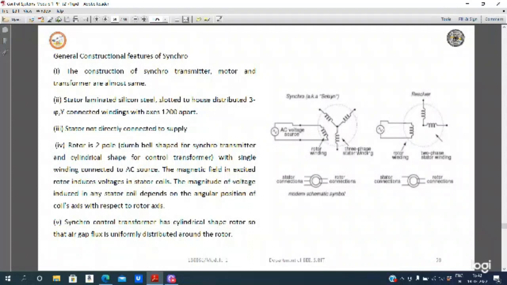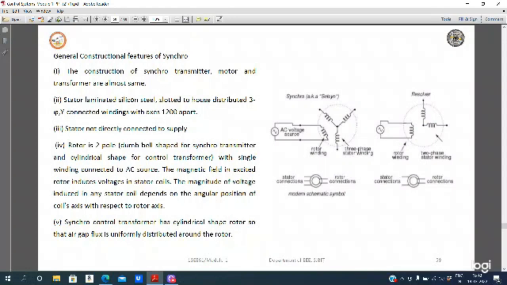So if you go for the constructional features of synchros, we have a transmitter side and a receiver side. The construction of synchro transmitter, motor and transformer are almost the same because all are working on mutual inductance.